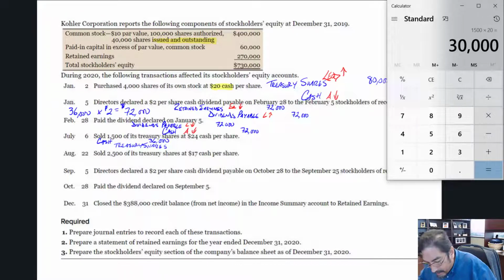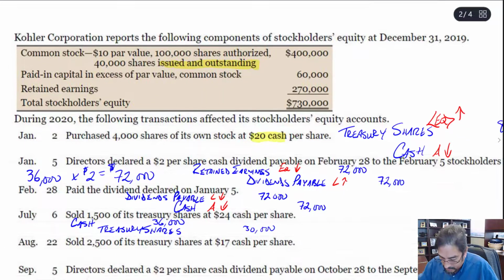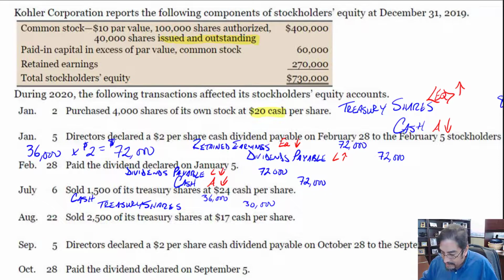So $30,000. I'm going to move this over. We can see that our journal entry is not in balance.